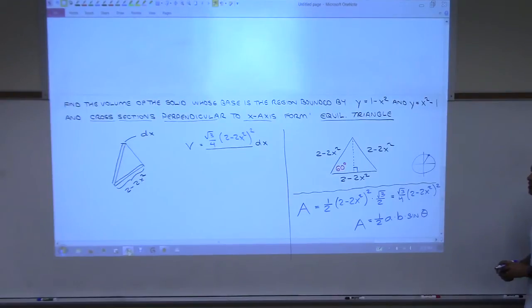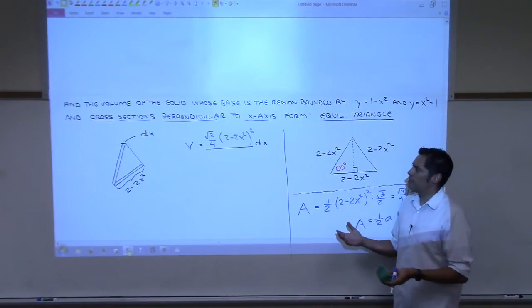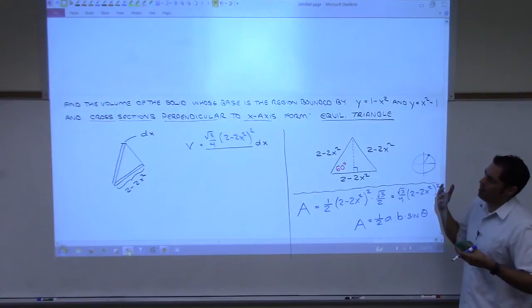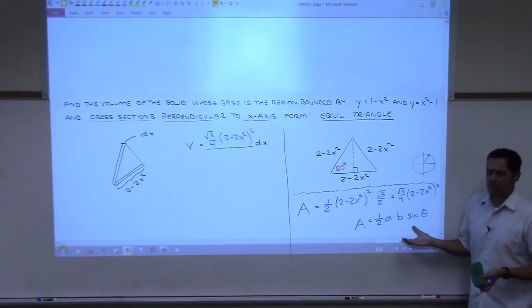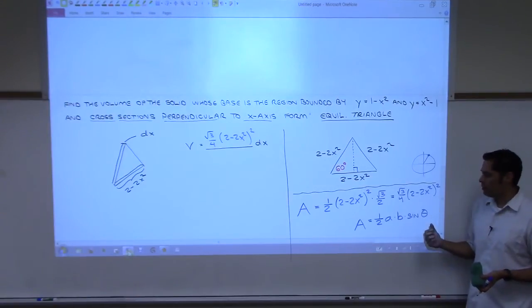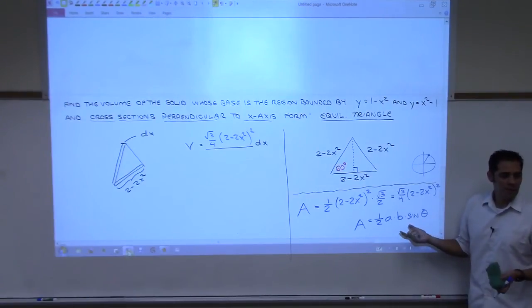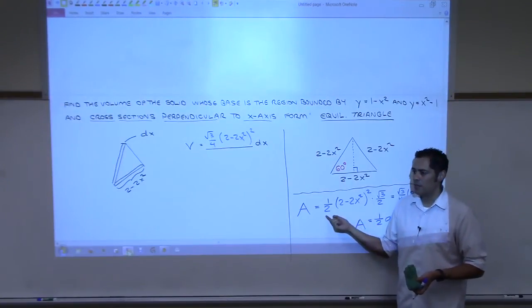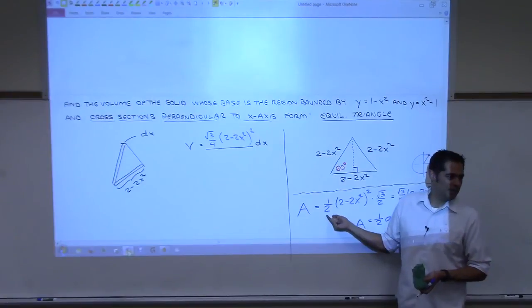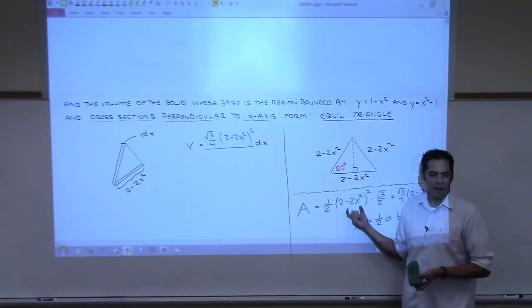The only thing that's going to change is the subtraction of the two functions. You're always going to have the root 3 over 2 because you're always going to have 60 degrees on an equilateral triangle. And you'll always have the 1/2 because the formula has a 1/2 in it. It's this piece right here that'll change.